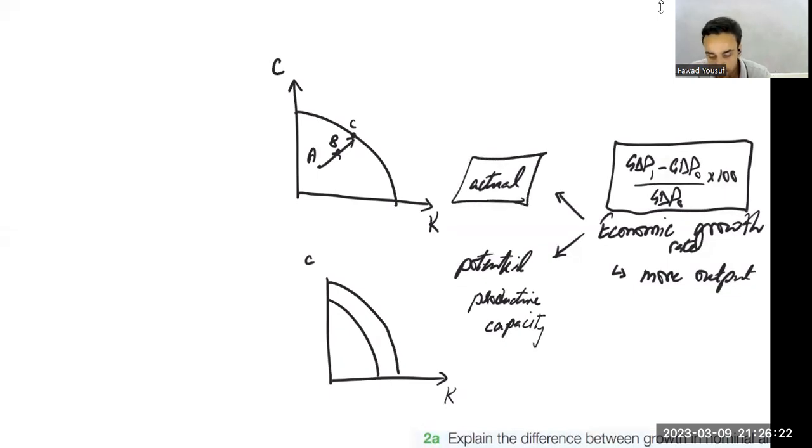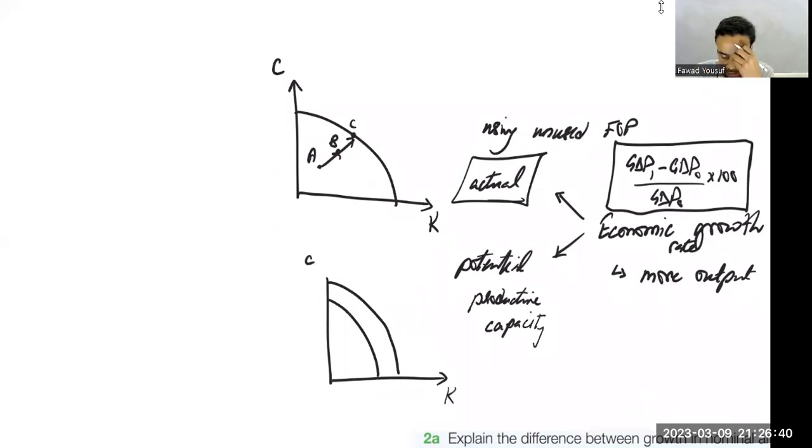What is actual? Using unused factors of production. If you're inside the PPC, I think last year there was a production possibility curve question.